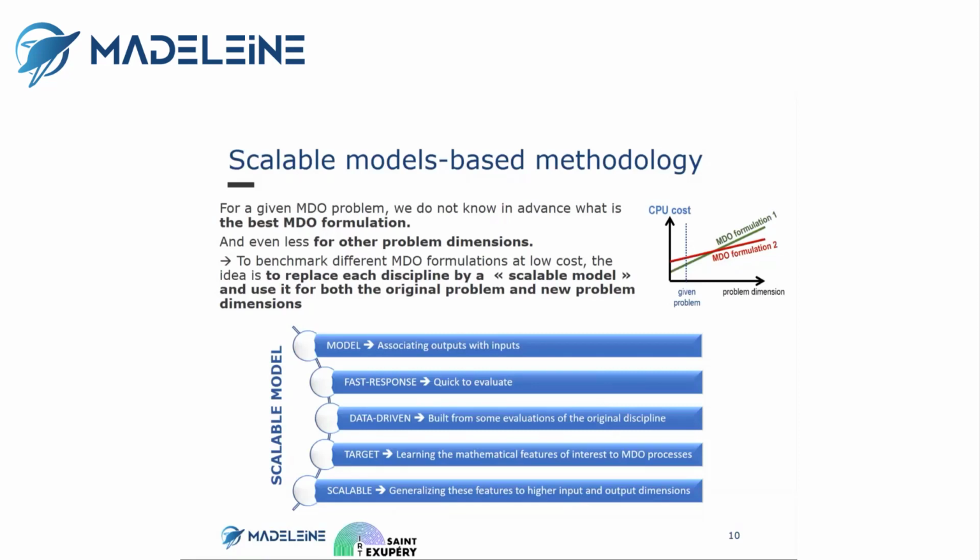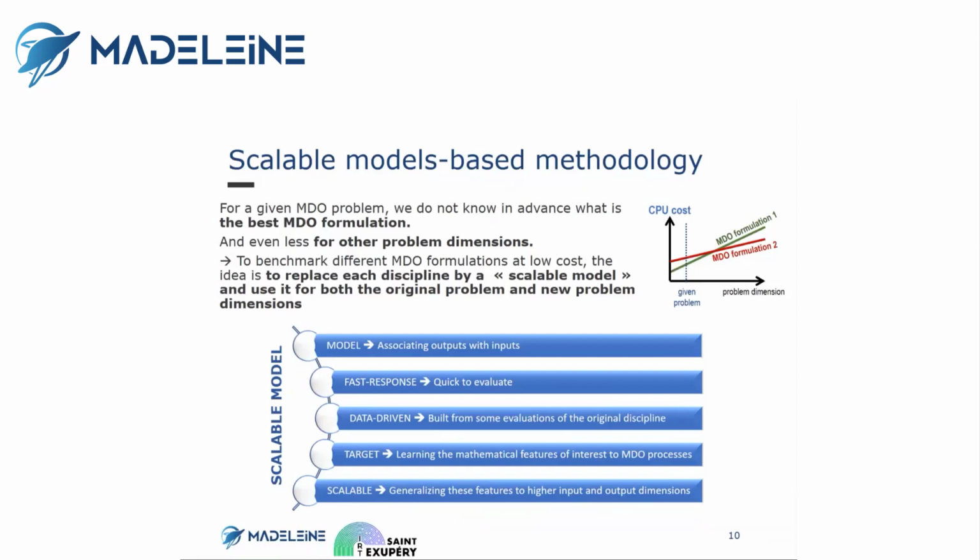So the idea was to replace each discipline by a scalable model. And then, thanks to these scalable models, to be able to compare easily different formulations. These scalable models are models associating the outputs with the inputs, able to give us a very quick answer, and they are built from the evaluation of the original disciplines.